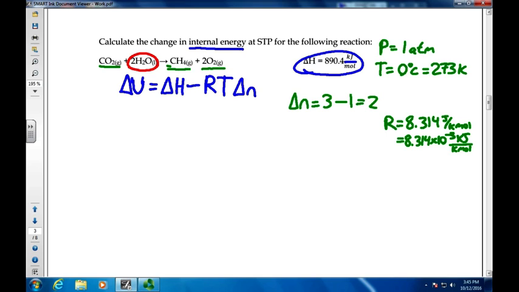So now we have all the pieces that we need to solve our equation and find out what the change in internal energy, delta U, is.